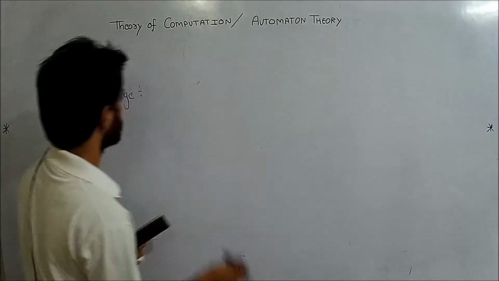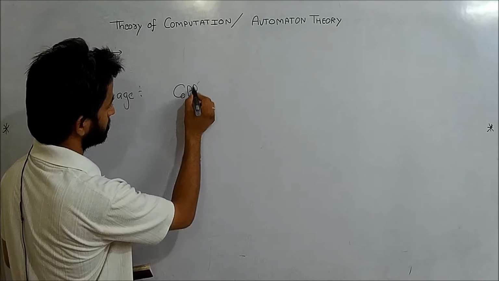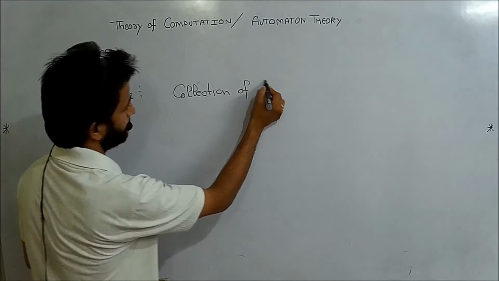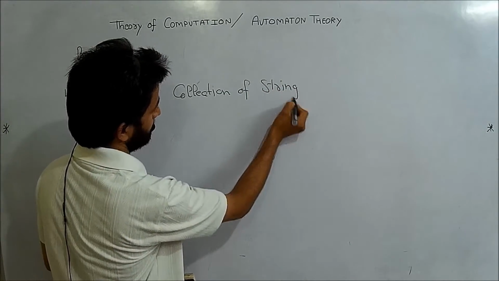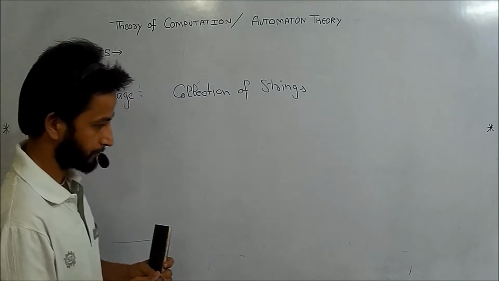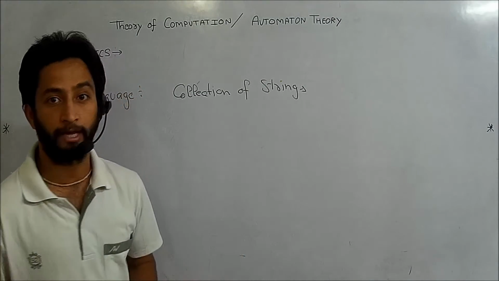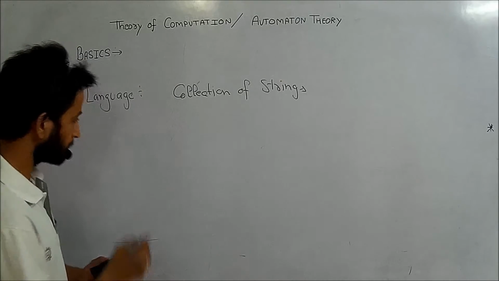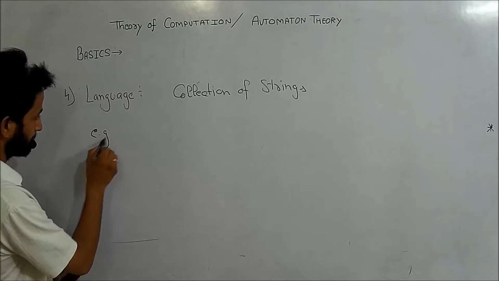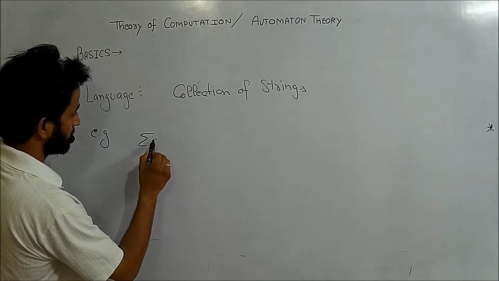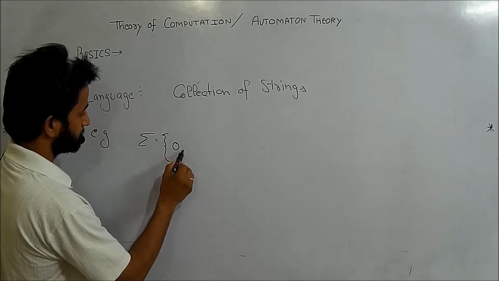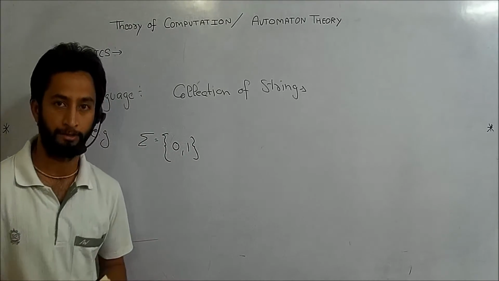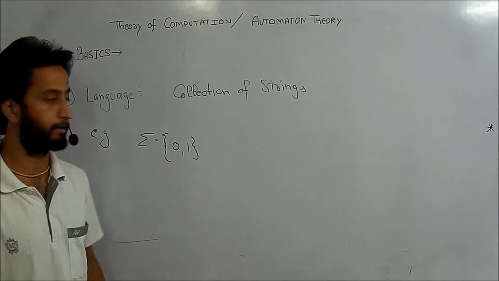It is a collection of strings. Let us understand this language with the help of an example. I have alphabets 0 and 1. This means I am restricted to use 0 and 1 in my string.